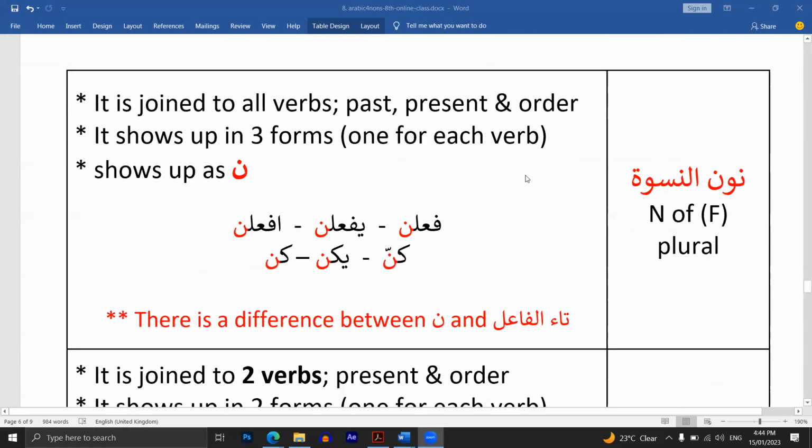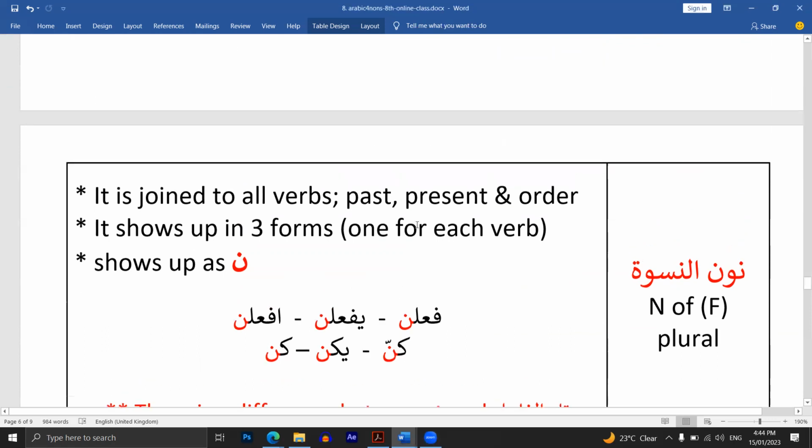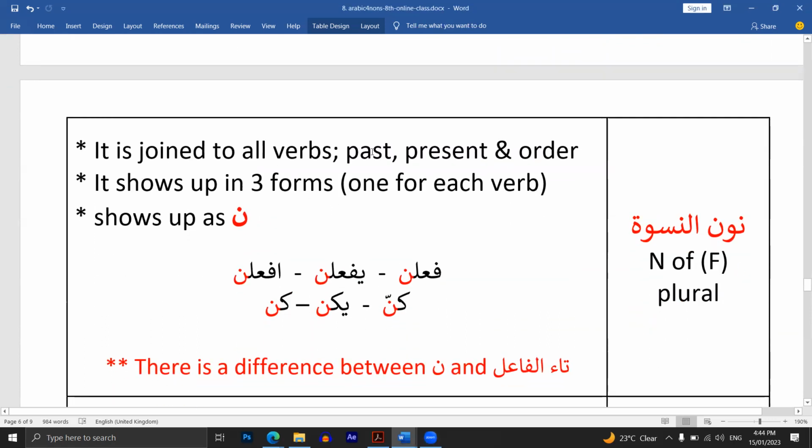The same case is repeated here with noon and niswa. The noon or na of plural feminine. It will show up also again in past, present, and order. This time it's easy. It will only show up as noon. Okay. فعلنا. This is in the past.